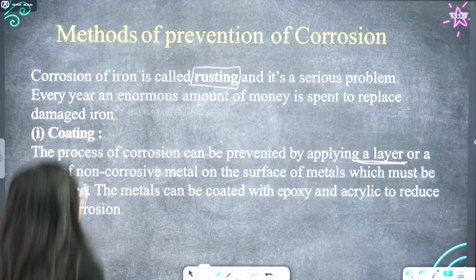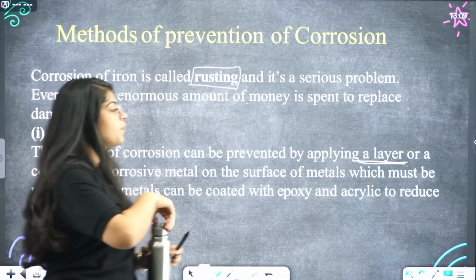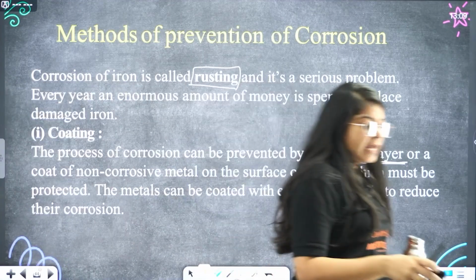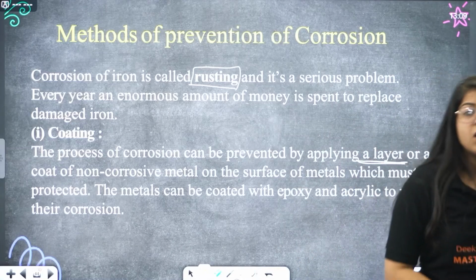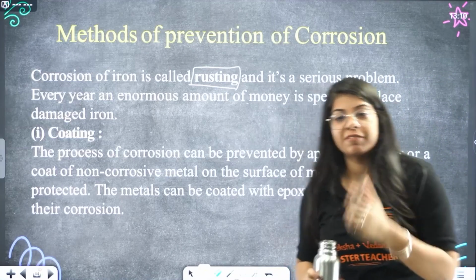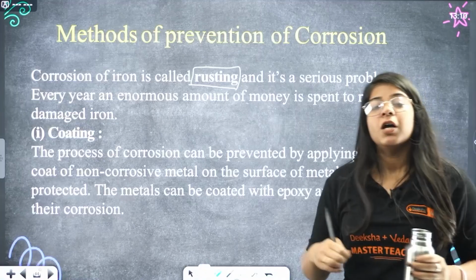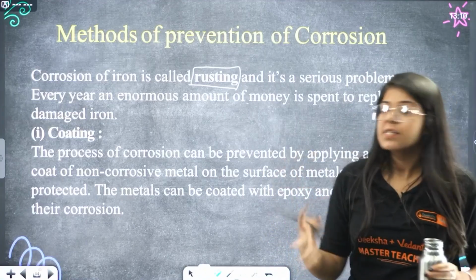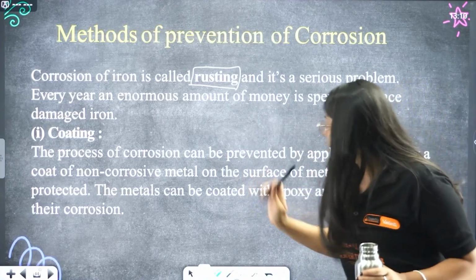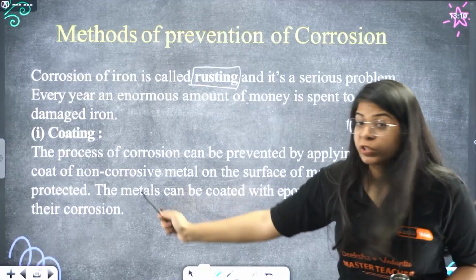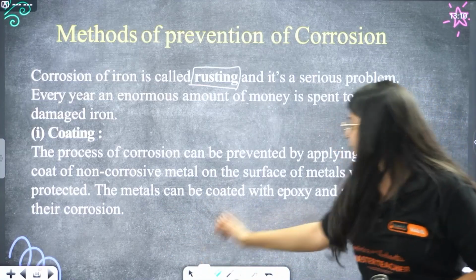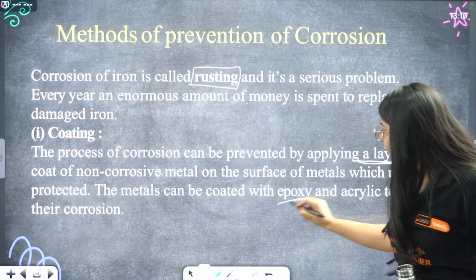So the process of corrosion can be prevented by applying a layer or a coat of non-corrosive metals, metals which have no effect of gases and oxygen, on the surface of metals which must be protected. Then the metals can be coated with epoxy. Have you seen epoxy?